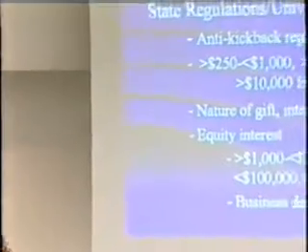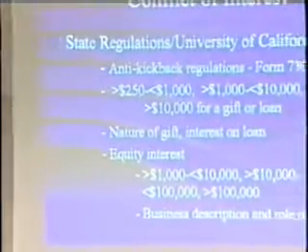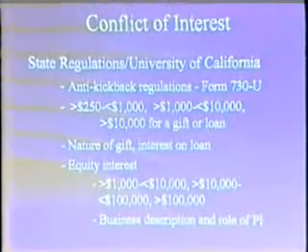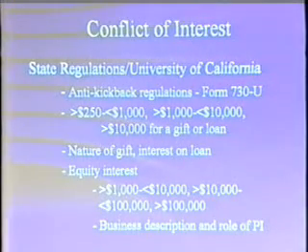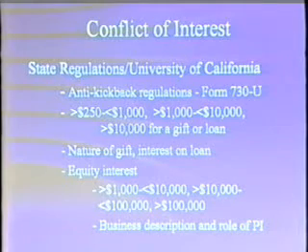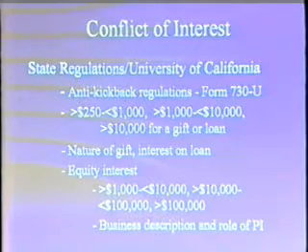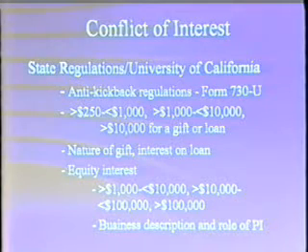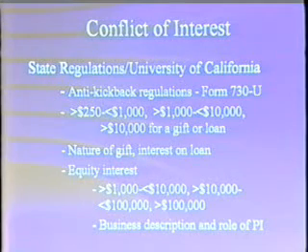And there are reasons why you should be aware of this, because there are state regulations that govern the revelation of conflicts of interest. These state regulations came from anti-kickback regulations which were implemented in order to prevent politicians from lining their pockets when it came to awarding contracts and the like.